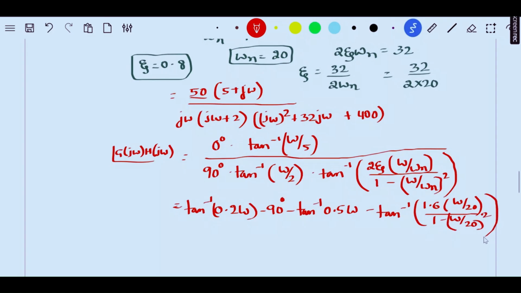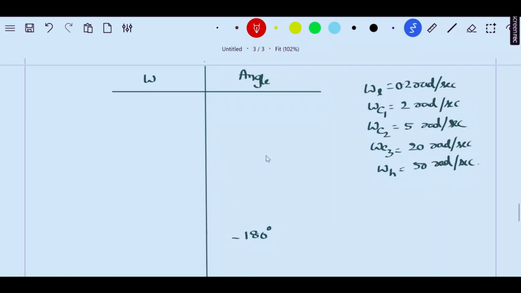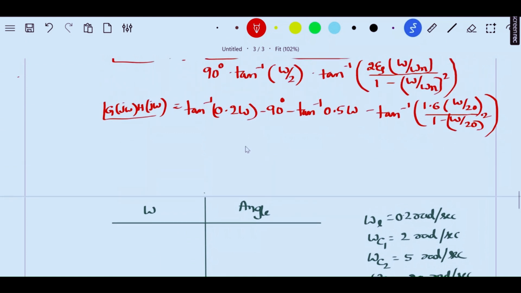This is the angle equation which we need to use for finding the phase plot.